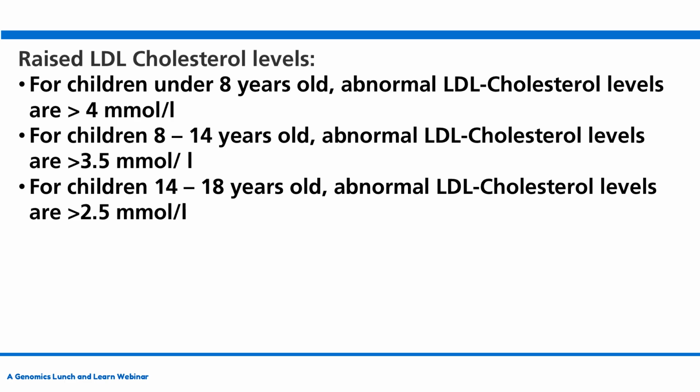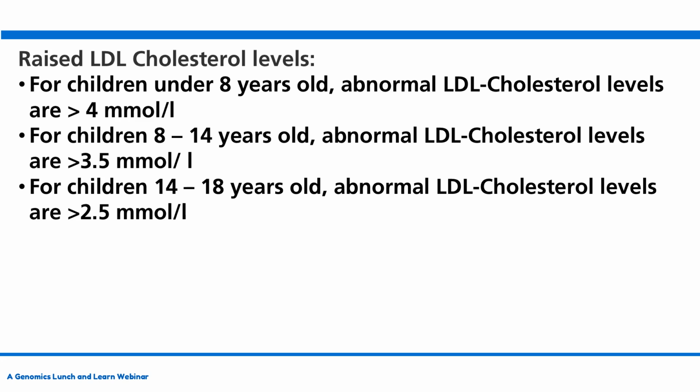These are the raised LDL cholesterol levels associated with FH. These levels do differ to target ranges for the general population who don't have FH, but these are the target ranges which we use to help manage LDL cholesterol levels for children who do have FH.